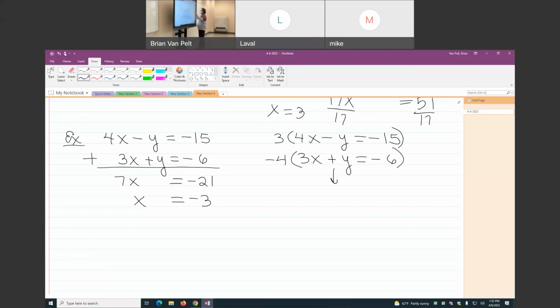So now, for the first equation, I get 12x minus 3y equals negative 45. And then I get negative 12x minus 4y equals 24.